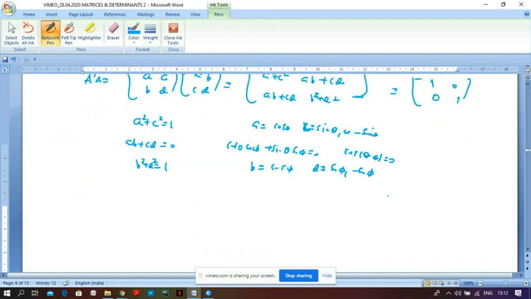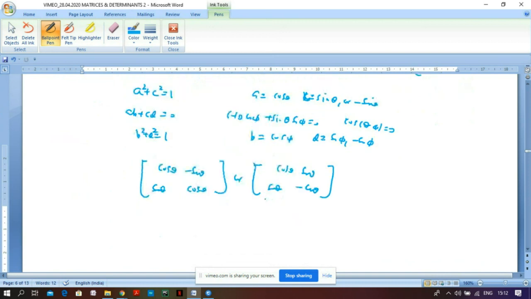And we find that in all the cases we can have 4 varieties, but out of them only 2 matter much. So ultimately we find that we have cos theta, sine theta, negative sine theta, cos theta, or cos theta, sine theta, sine theta, negative cos theta. This means any 2 by 2 orthogonal matrix has to be of either this form or this form.